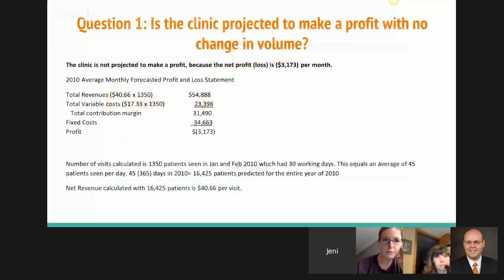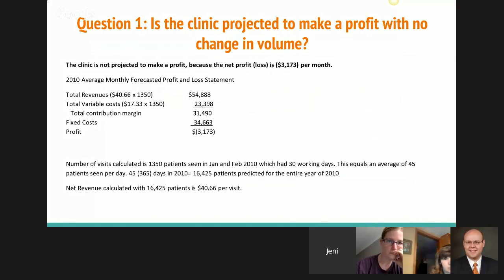Question number 1, is the clinic projected to make a profit with no change in volume? The clinic is not projected to make a profit because the net loss is negative $3,173 per month.